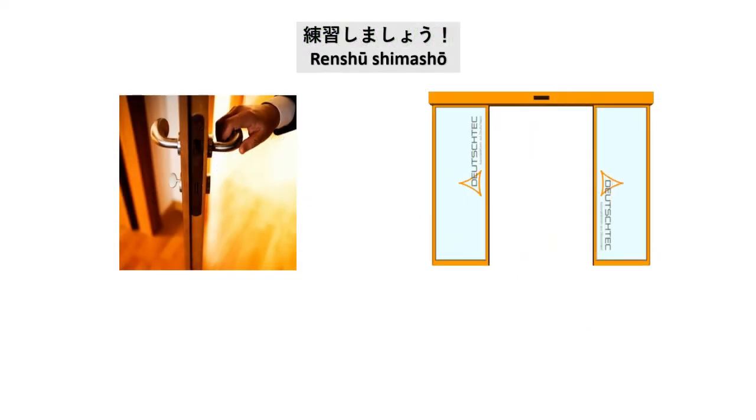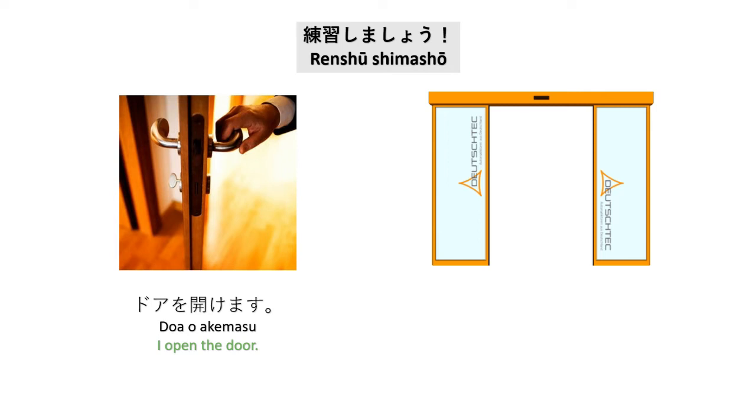Alright, let's have some examples. So here we have the door opens and somebody opened the door. So we use the transitive and intransitive verbs. Here we have doa o akemasu, from akeru, a transitive verb. So I open the door, he opens the door.